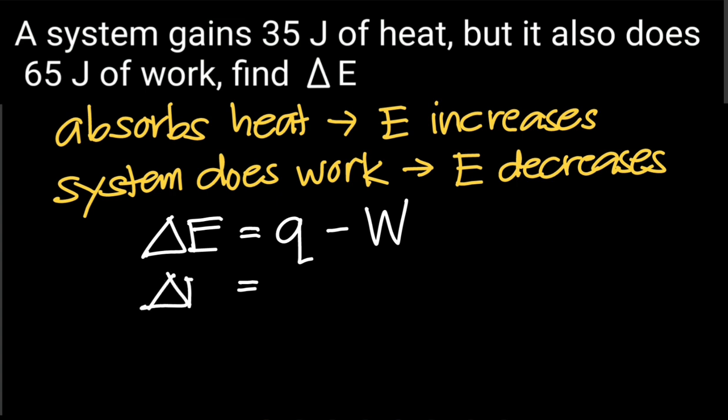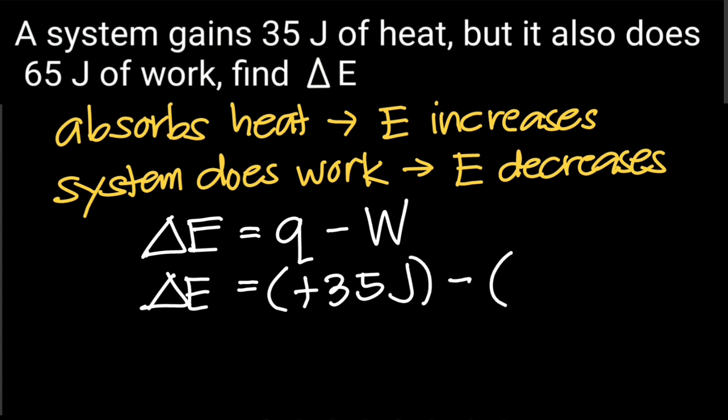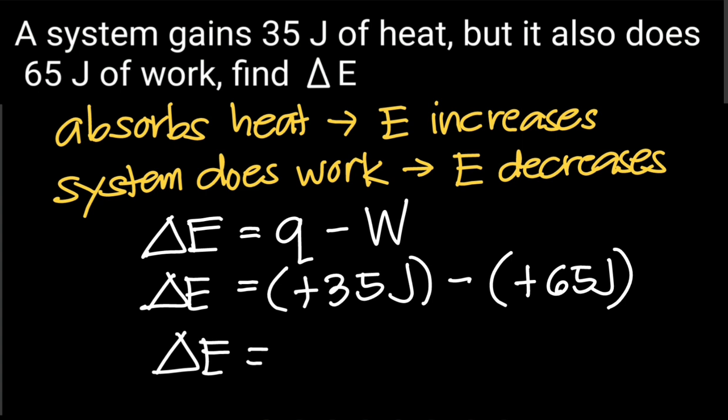The system gains heat, or absorbs heat, so that means it's positive 35 joules, minus the system does the work, so this is also positive 65 joules. Therefore, the change in internal energy is 35 minus 65, or just minus 30 joules.